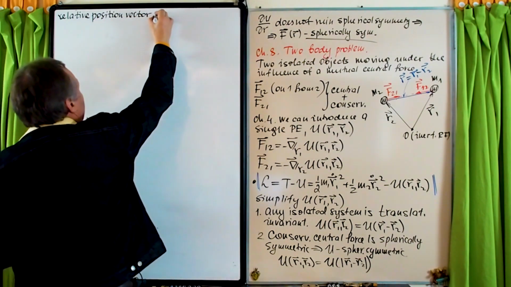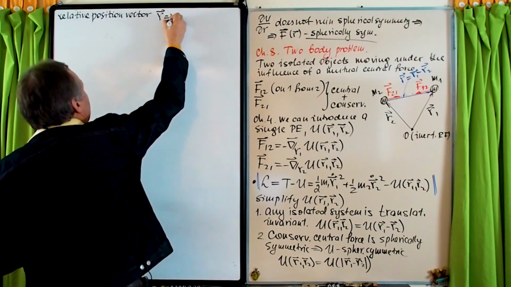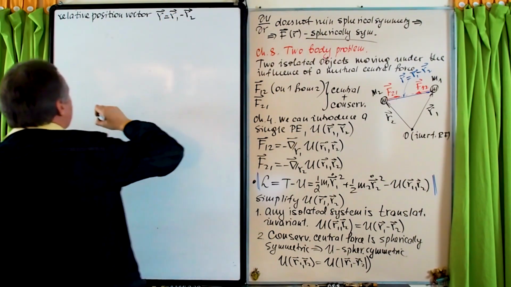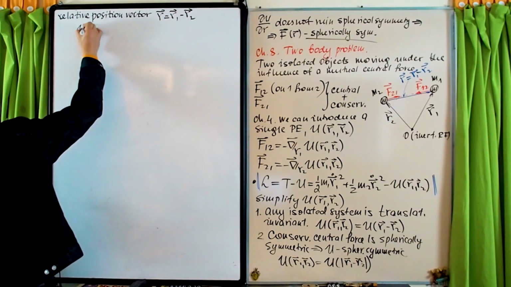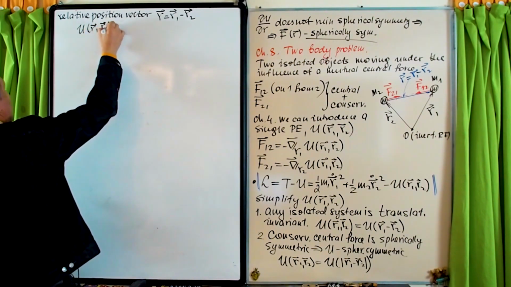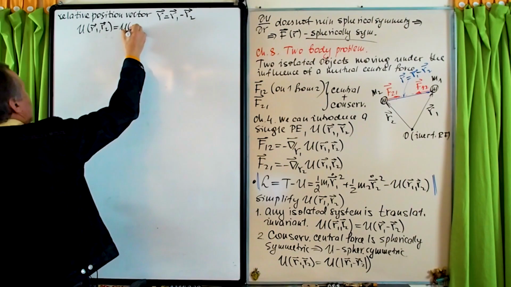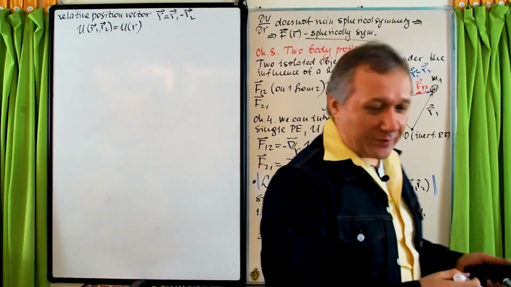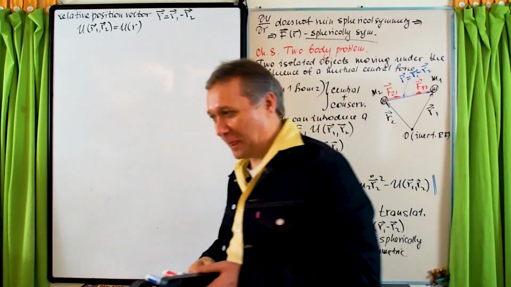We introduce it as r equals r1 minus r2. As a result, our potential energy, U as a function of r1 and r2, can be written as U as a function of just r. It's a significant simplification, right?